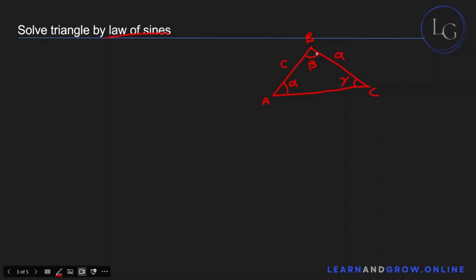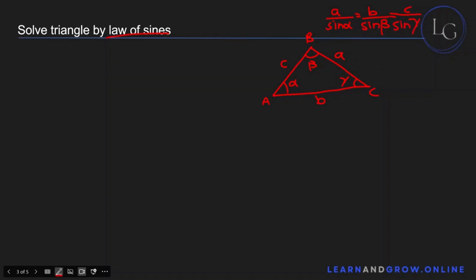The law of sines says that side a over sine alpha is equal to side b over sine beta, which is equal to side c over sine gamma. This is the law of sines.